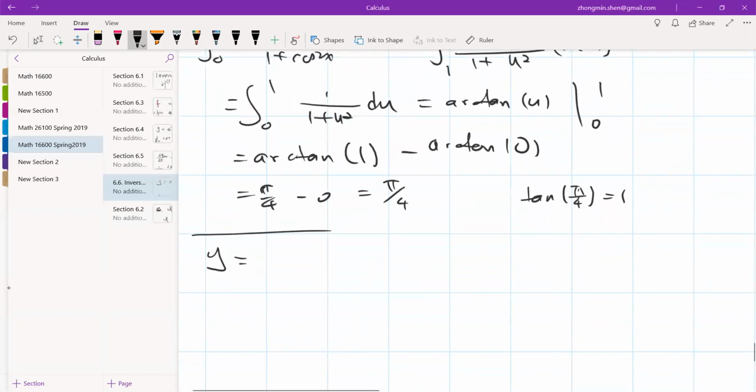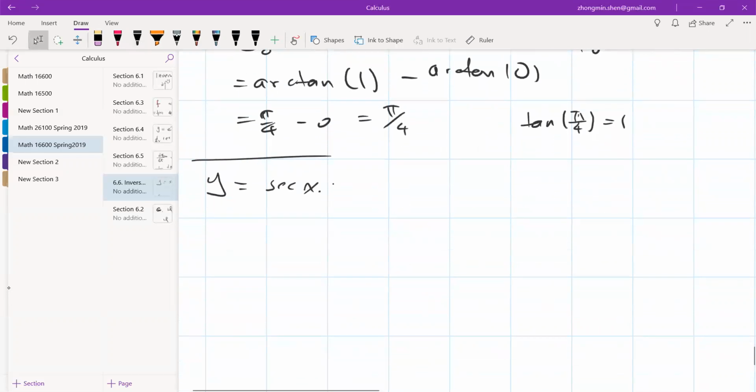So let's take a look at secant x. The secant x itself is not an invertible function. It's not an increasing function. I don't remember the graph, but I look at the value of sine.